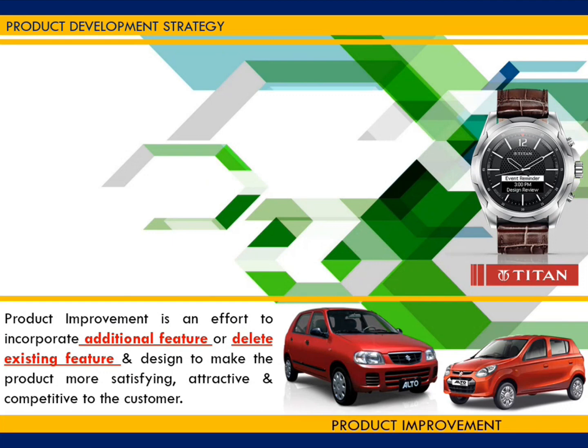Maruti Alto was degraded to Maruti Alto 800. Maruti removed some of the features and made the car a little more basic so that they can appeal to all those first time car buyers, people who have a limited budget. For them, this car became more appealing.